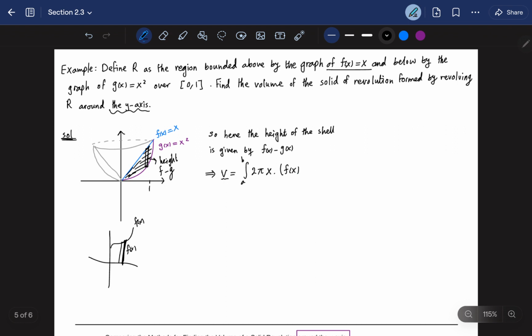So instead of f of x, we're going to have f of x minus g of x dx. Okay, so now my a and b is just from 0 to 1, 2 pi x, and then x minus x squared dx. If you distribute, you're going to get x squared minus x cubed dx from 0 to 1.